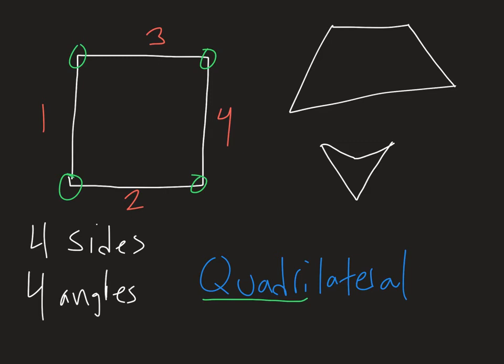Don't believe me? Let's count. 1, 2, 3, 4 sides. 1, 2, 3, 4 angles. That's a quadrilateral too. So we need to pay attention to not only how many sides something has or what it looks like, but how many angles. Alright, let's keep going.